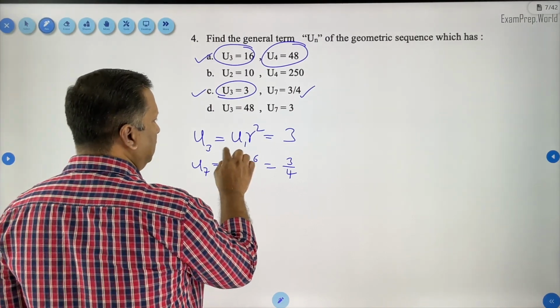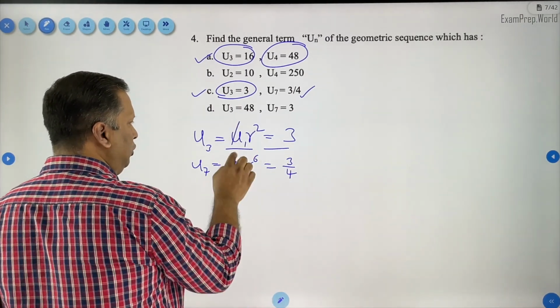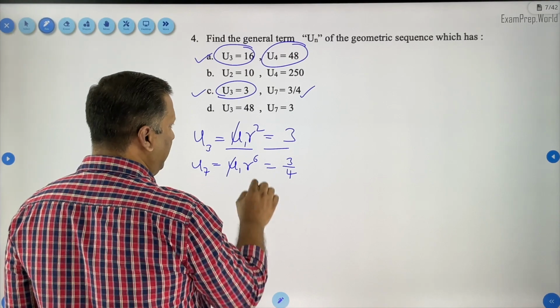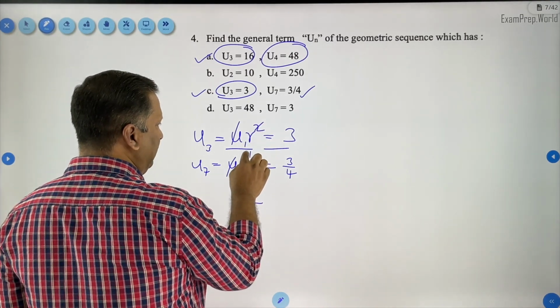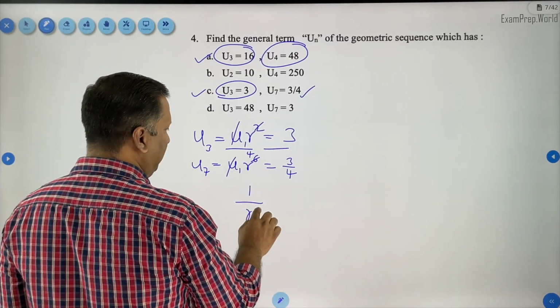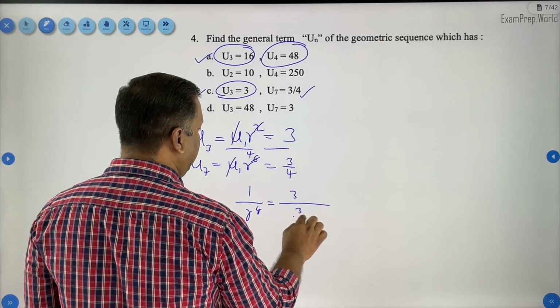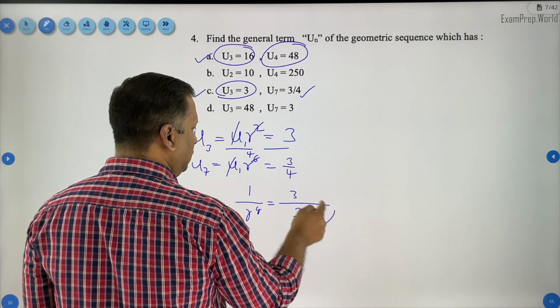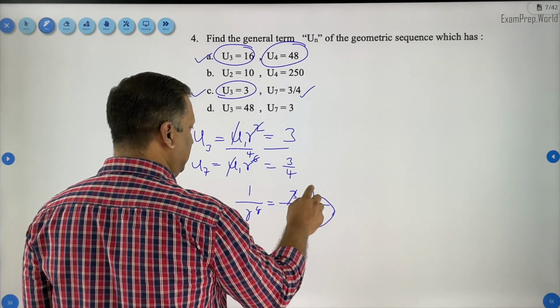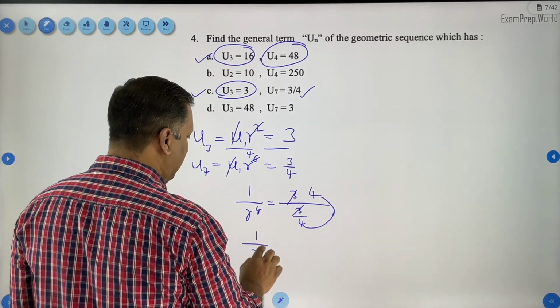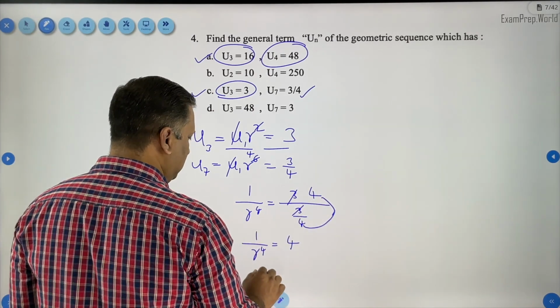So now divide this by this. U1 cancels, so it is 1 by R square going to R to power 4. 1 by R to power 4 is 3 upon 3 by 4. This 4 goes, cancel this 3, 4 goes here. So 1 by R to power 4 is 4.